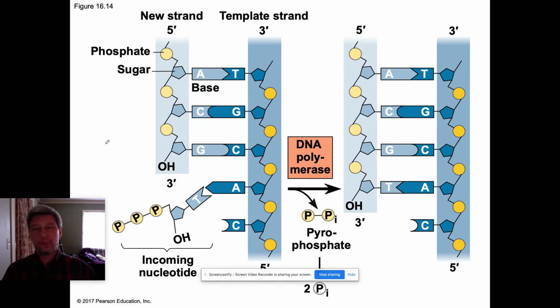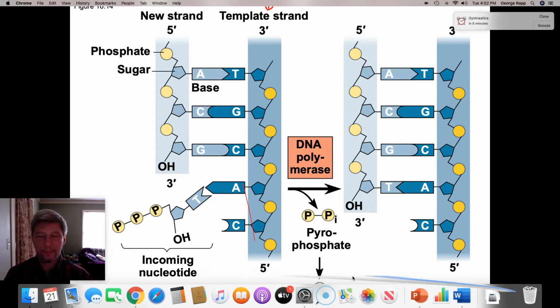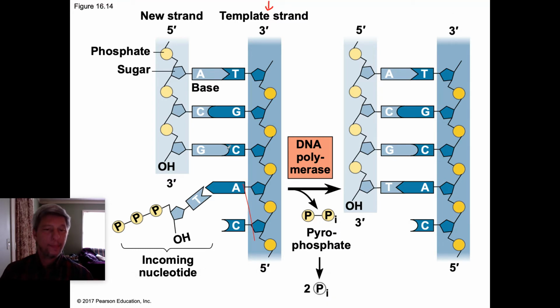It's a blueprint, kind of, for how DNA polymerase adds nucleotides onto the template strand. Notice the template strand in this case is on the right-hand side, so we're starting at the 3' end and moving toward the 5' end. This thymine is being added to the adenine here.